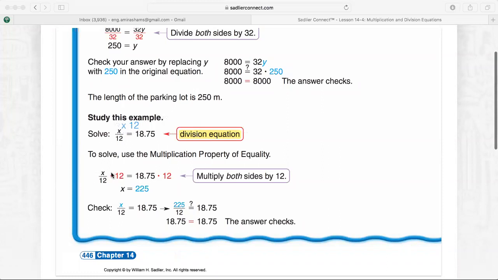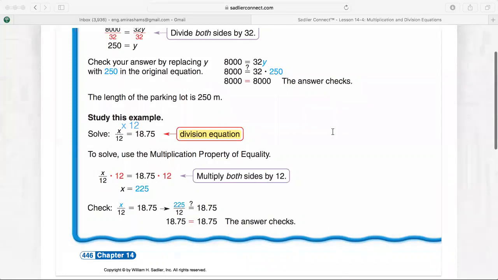So I will get it in this form: x over 12 multiplied by 12 is equal to 18.75 multiplied by 12, because when I apply the inverse of the operation, I apply it to both sides. Multiply both sides by 12.